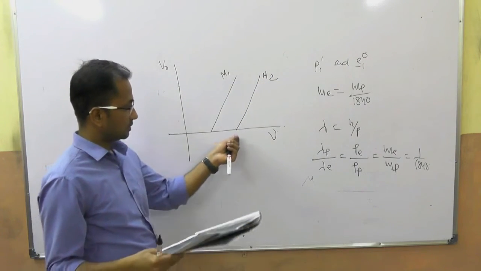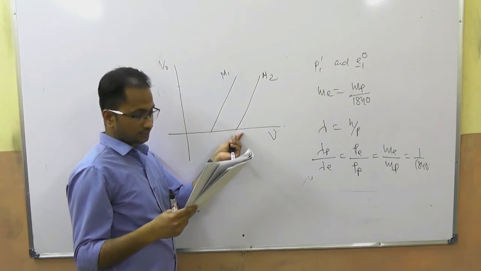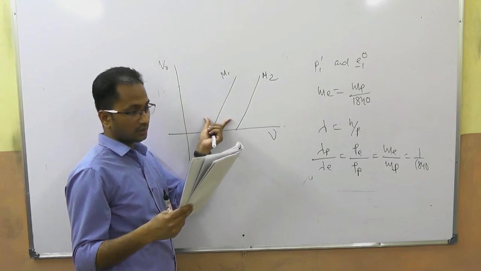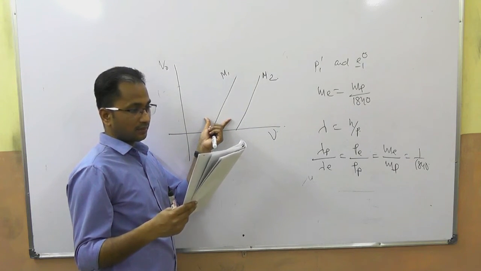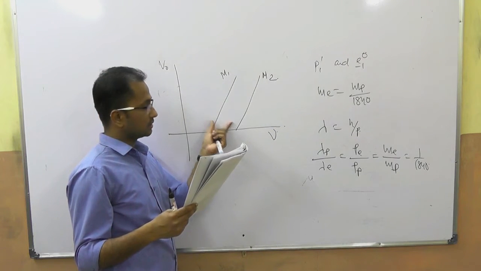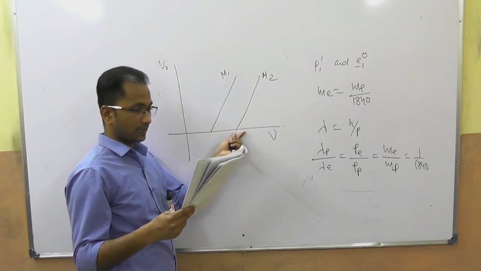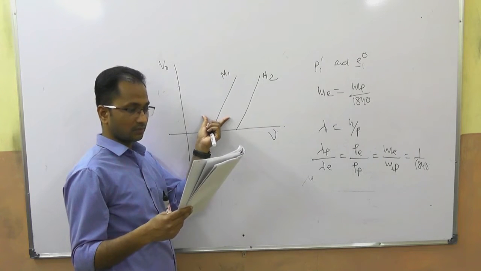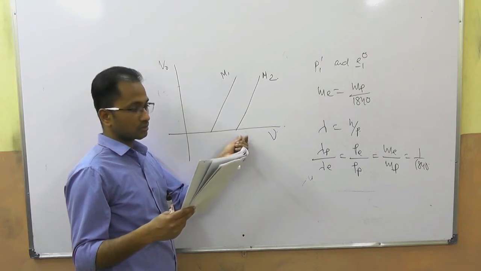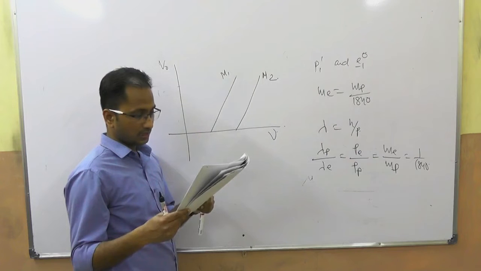Since the threshold frequency of M2 is greater than the threshold frequency of M1, the work function of M2 should be greater than the work function of M1.